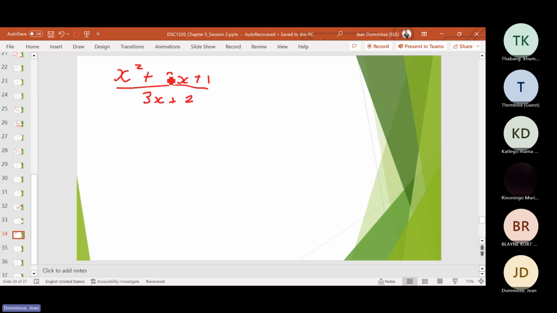There's no way, because at the top I've got 3 terms, at the bottom I've got 2 terms, but there's no way I can do this with any of the other rules. So then, unfortunately, I need to use the quotient rule. Quotient rule says differentiate the top one. So that becomes 2x.